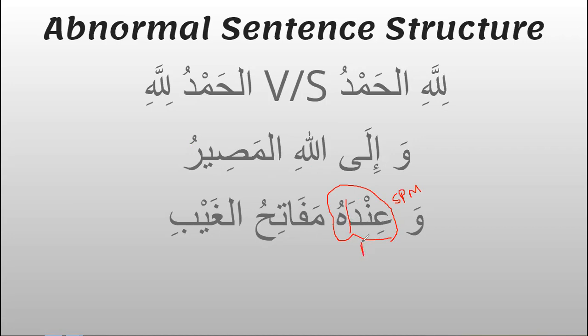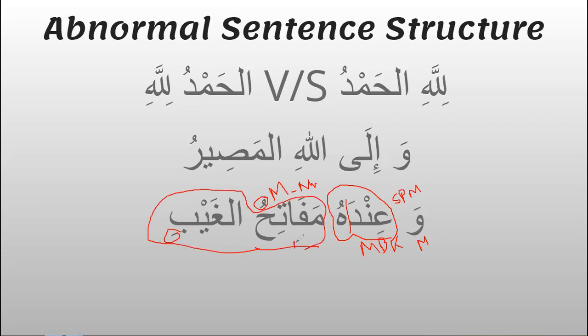It is considered muta'alliq bil khabar muqaddam, right? And mafatih is our first rafa, so it's going to be mubtada muakhar. You can see mafatihu is light, no alif lam, followed by a jar. So mafatihul ghaib, the whole thing is mudaf and mudaf ilayh.